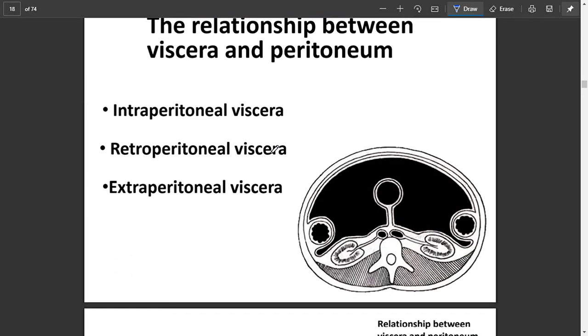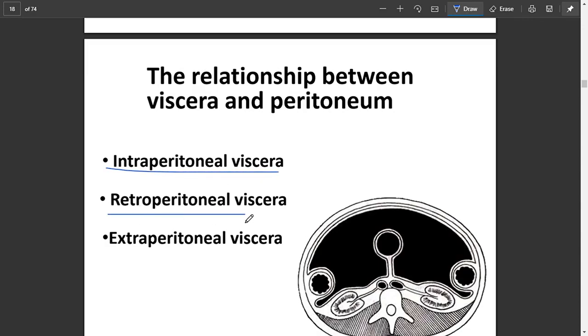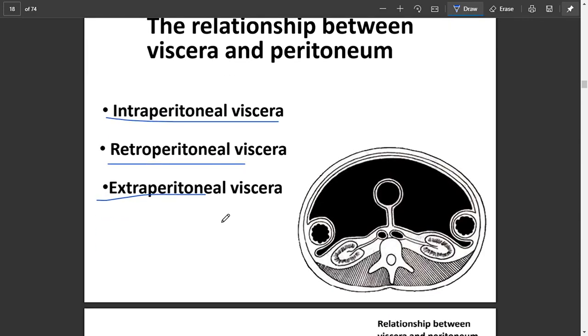Relationship between the viscera and peritoneum. There are intraperitoneal viscera, retroperitoneal viscera, and extraperitoneal viscera. I'm going to show you what they are. The space here is inside the peritoneum. These are peritoneal organs, and outside the peritoneum are retroperitoneal organs.